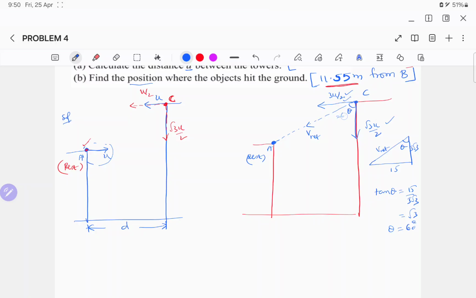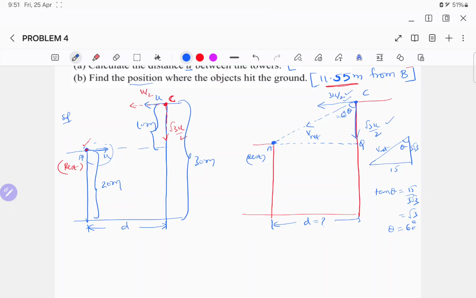Once you have the value of theta as 60 degrees, it will help me calculate the value of D. Let me draw a line parallel to D here, and suppose this is some point Q. As you know, this is of 20 meter height and this is of 30 meter height, and the difference is 10 meter.